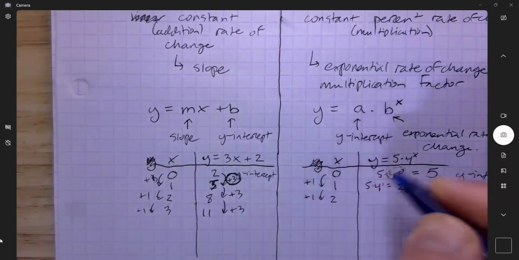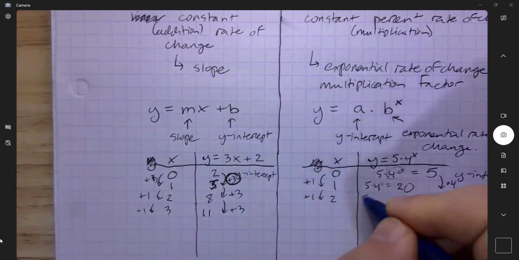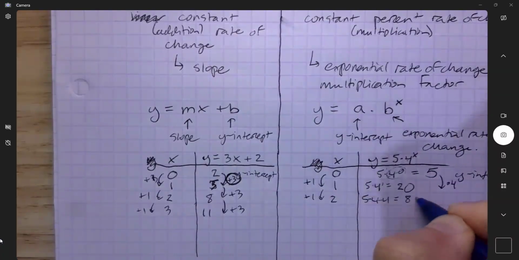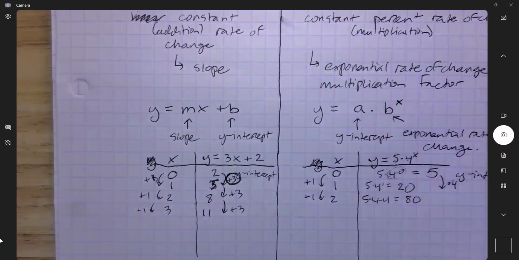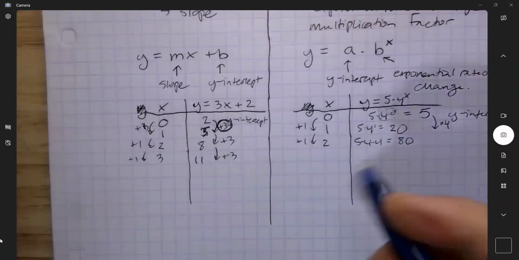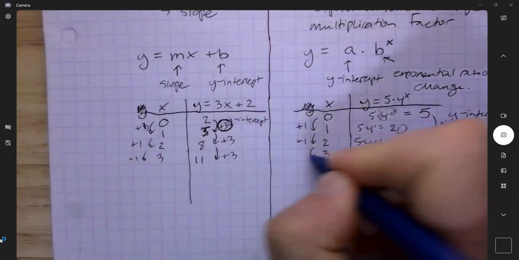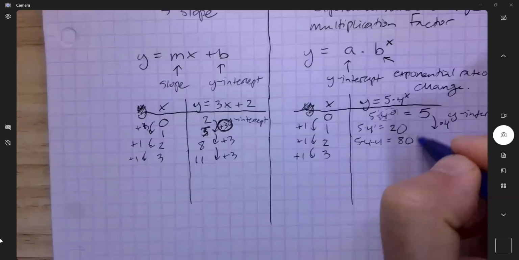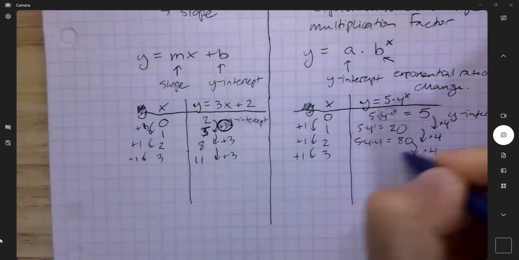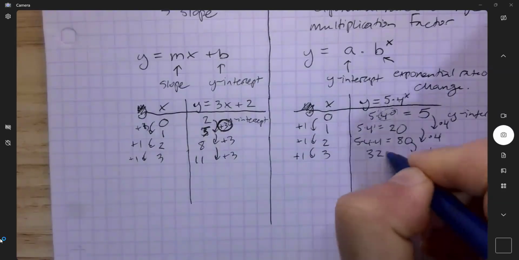Let's increase x by another 1. And there's my repeated multiplication, 5 times 4 times 4, which is now going to be 80. And if I do it one more time, increase x by 1. I'm going to multiply by 4 again. 80 times 4 is 320.